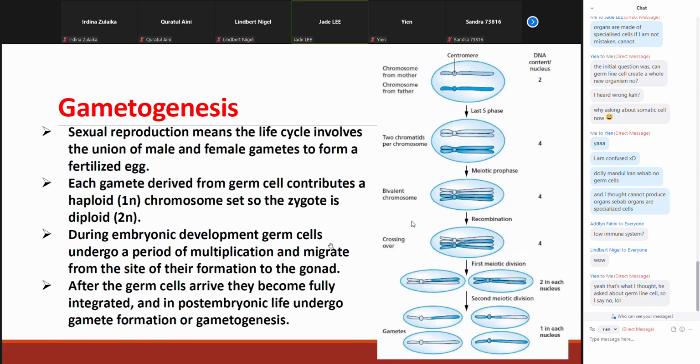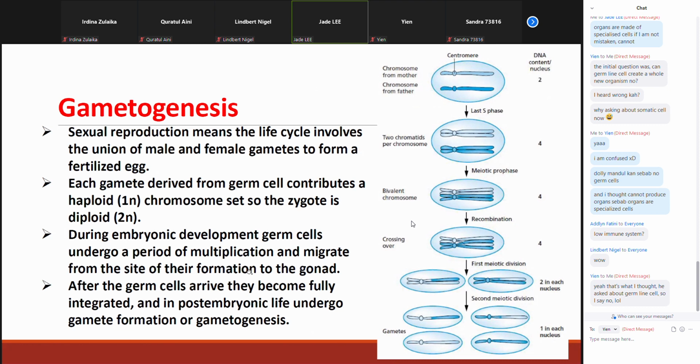Gametogenesis is the sexual reproduction that involves the union of male and female gametes to form the fertilized egg. We all know that each gamete contributes a haploid chromosome set, so that the zygote is diploid. During embryonic development, germ cells undergo a period of multiplication and migrate from their sites of formation to the gonads.